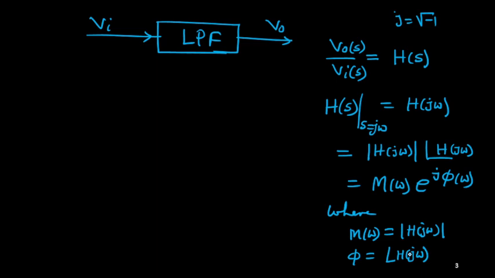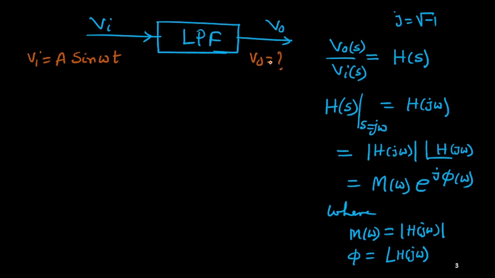So what do you mean by frequency response? That we need to understand first. Suppose I apply one signal, Vi equals A sine omega t. Then what is the corresponding output? That we want to understand.